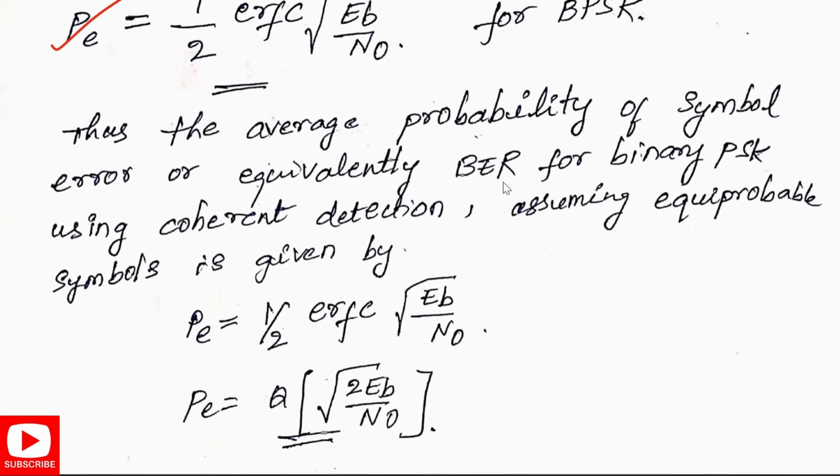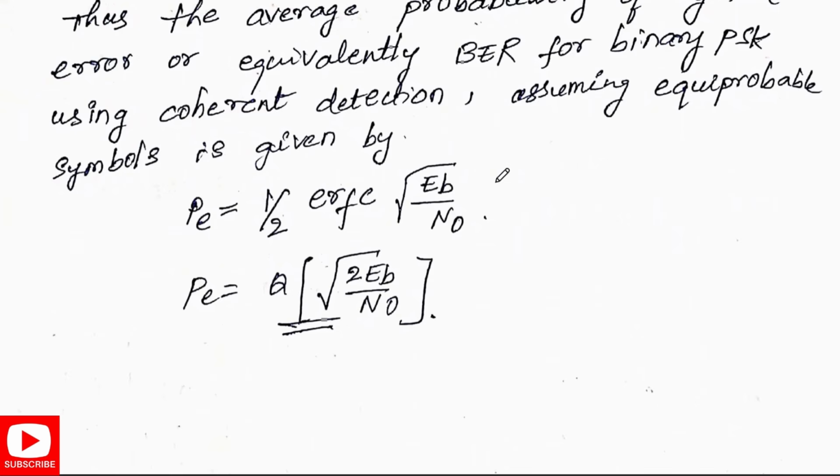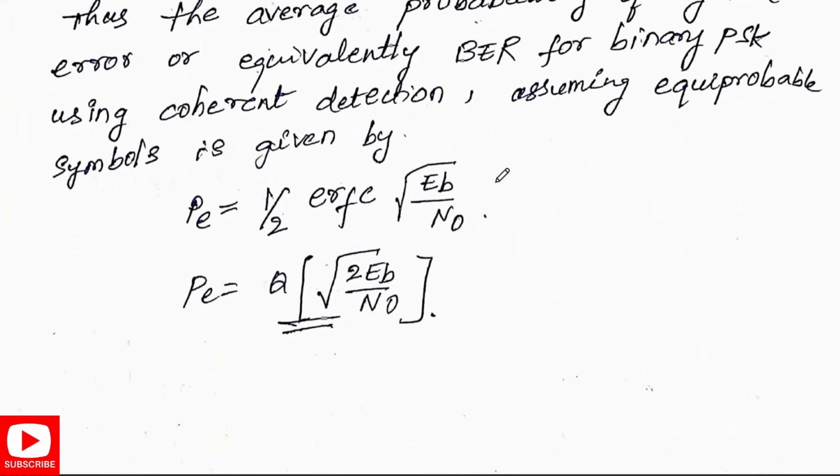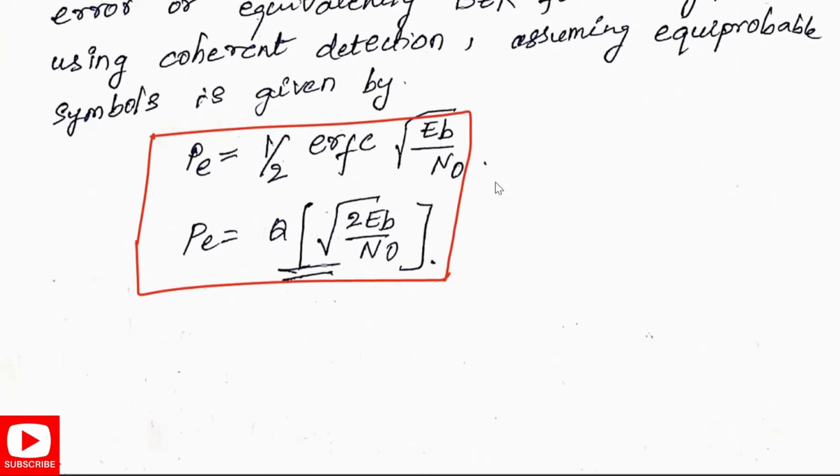Thus the average probability of symbol error, or equivalently the BER, for BPSK coherent detection, assuming equiprobable symbols, is given by these two equations. This much you have to write. It will be worth around 8 to 10 marks, the derivation from the detection to the generation and error probability.